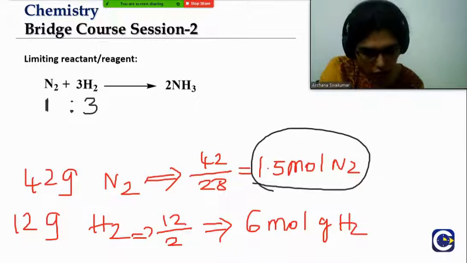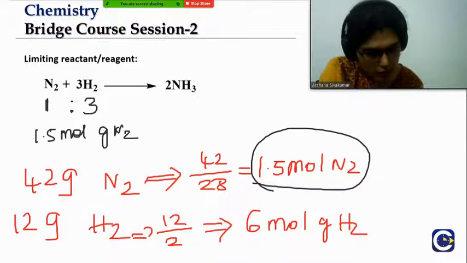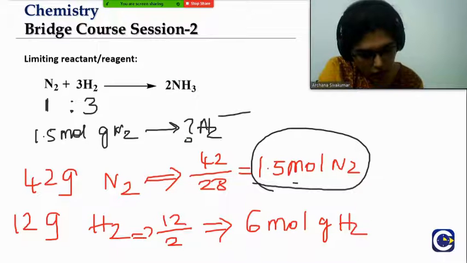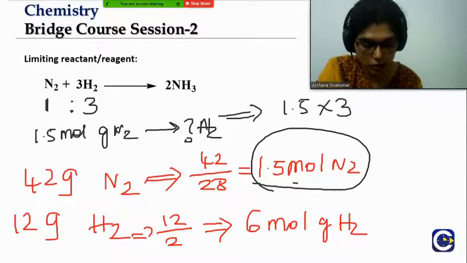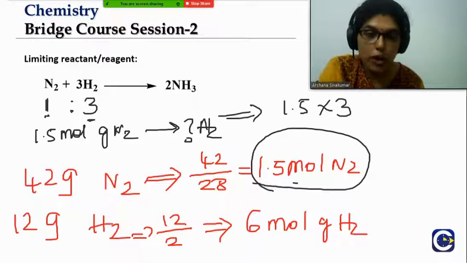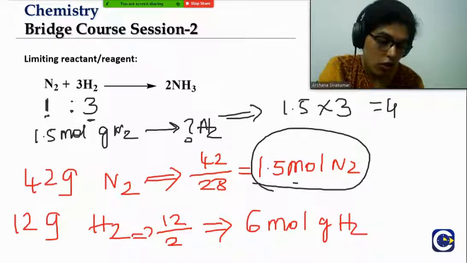Using this ratio, if I have 1.5 moles of nitrogen, how much hydrogen will be required? I will require 1.5 times 3 of hydrogen, because 1 nitrogen requires 3 moles of hydrogen. 1.5 will require 1.5 times 3, which is 4.5 moles of hydrogen.